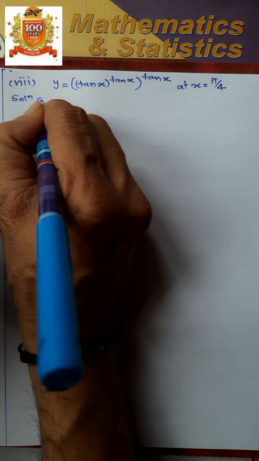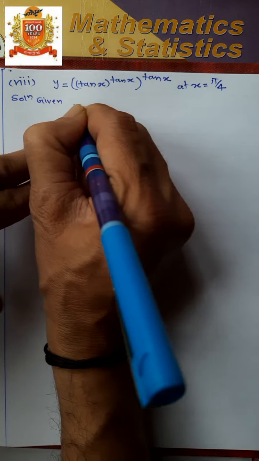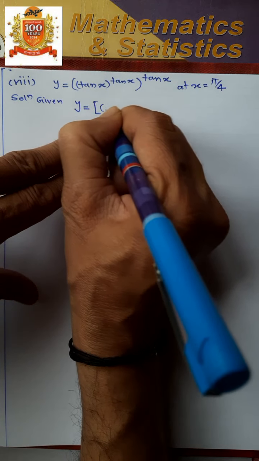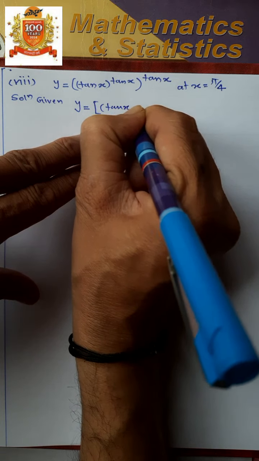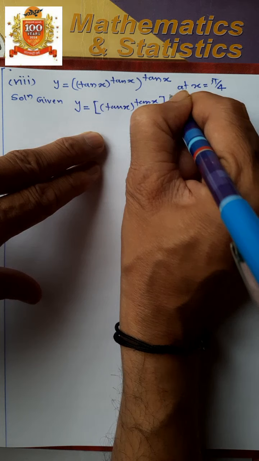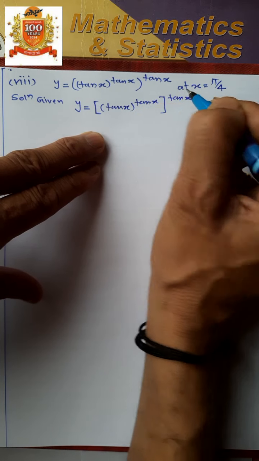Given y is equal to, we can write tan x raised to power tan x whole raised to power tan x.